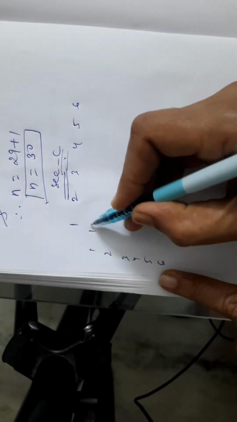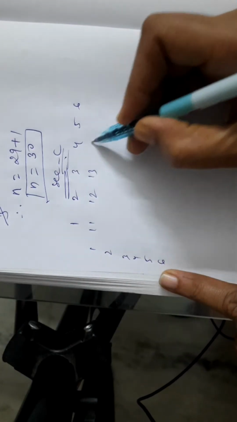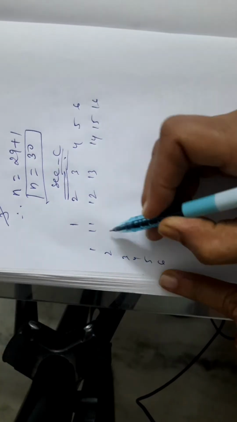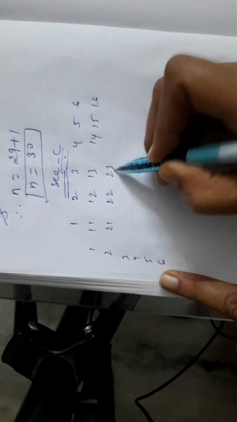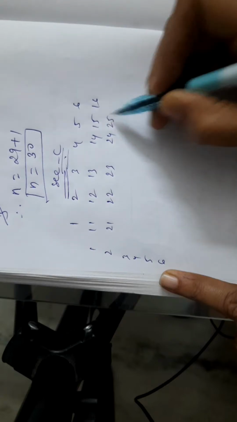First you start out with that. 1 1, 1 2, 1 3, 1 4, 1 5, 1 6. 2 1, 2 2, mostly you know.